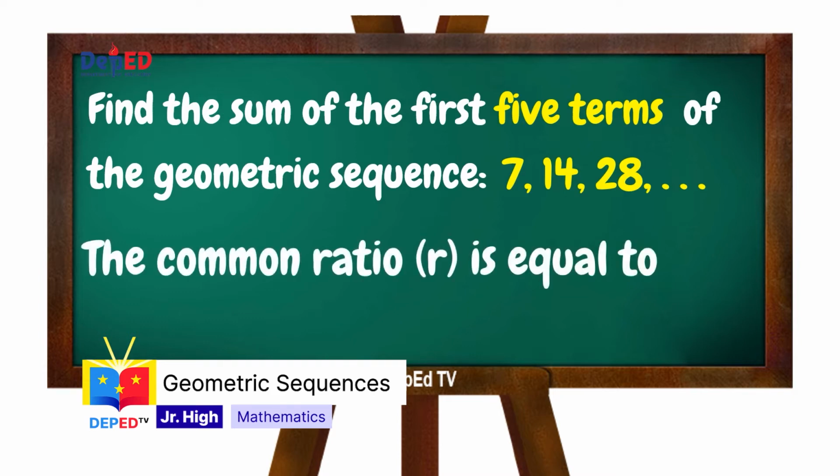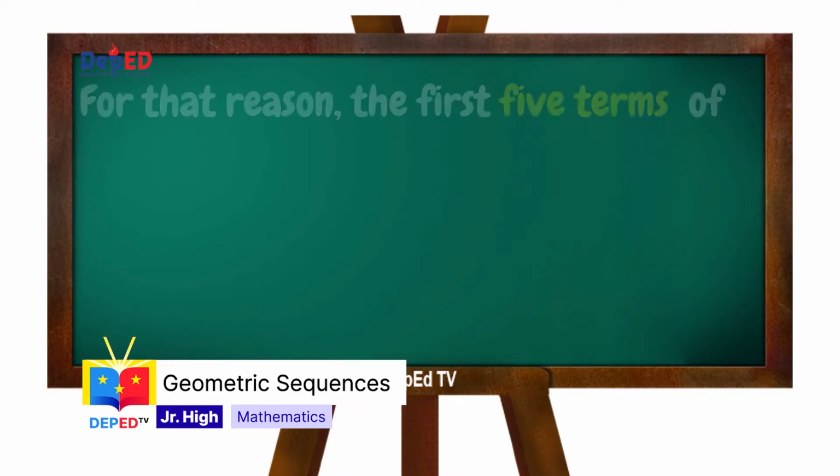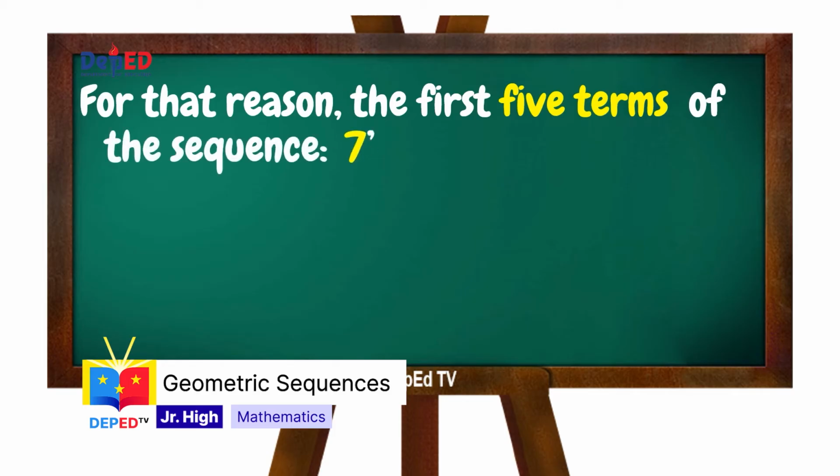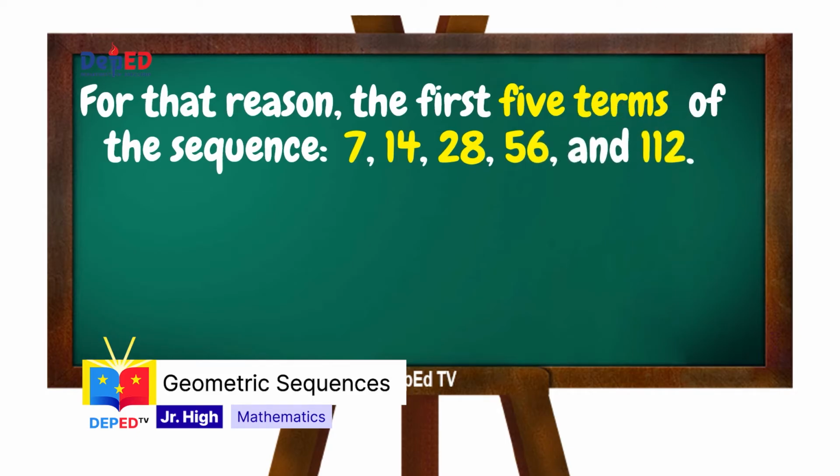So the common ratio r is equal to a sub 2, which is 14, divided by a sub 1, which is 7. The common ratio is equal to 2. For that reason, the first 5 terms of the sequence are 7, 14, 28, 56, and 112.